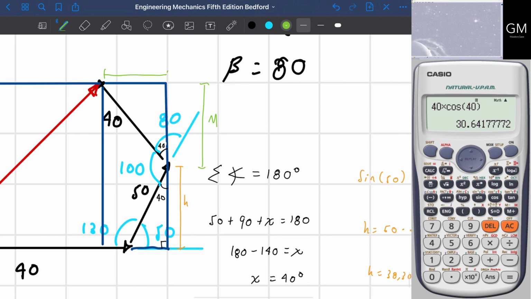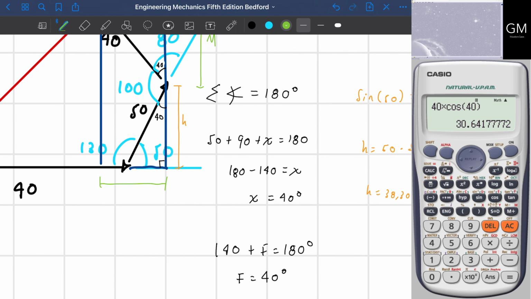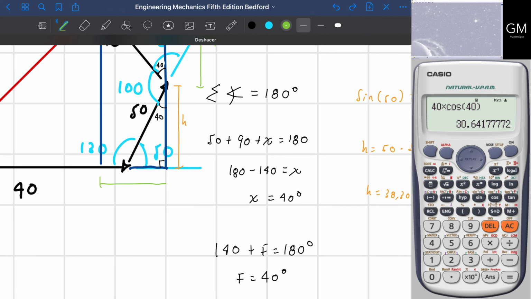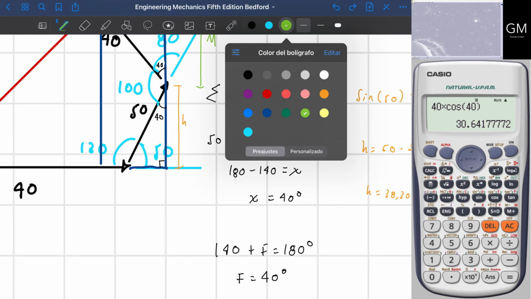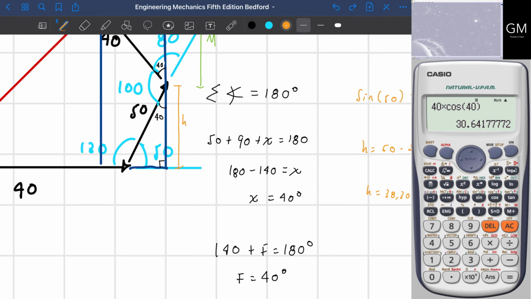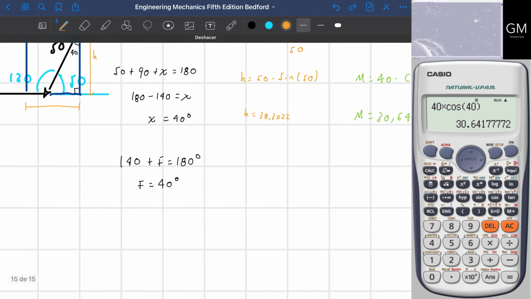I'm going to look for n, and k. So sorry, k.